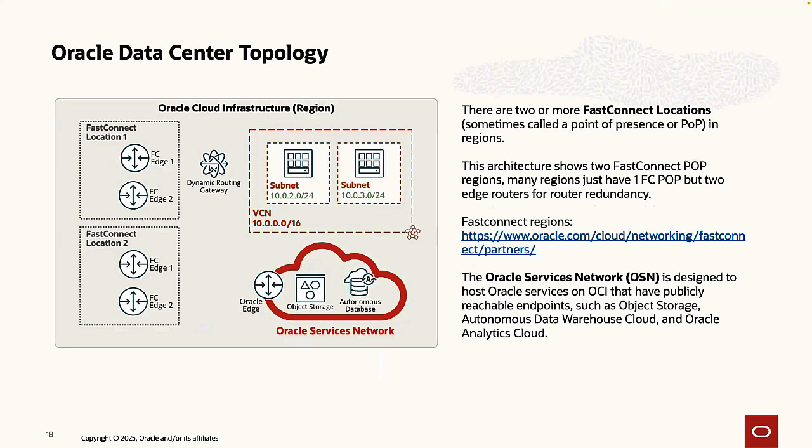Also, each POP location has redundant hardware. This architecture represents a traditional OCI region with diverse POP locations and redundant hardware. Oracle recommends using the diversity and redundancy built into the OCI region to build a resilient solution. Also note that some of the regions might have just one FastConnect POP location, but you would have two edge routers for router redundancy.